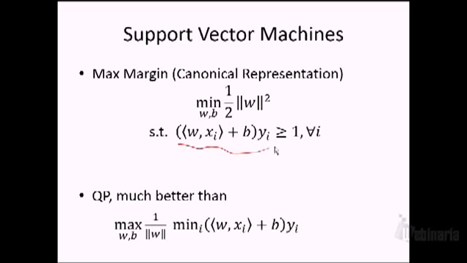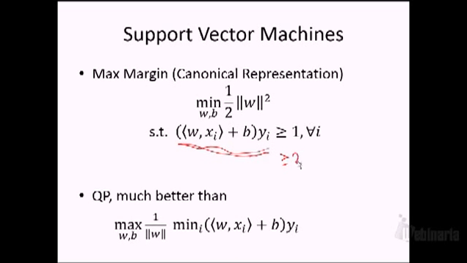But we can write that as this constraint: this linear term is greater than or equal to 1 for all i. And this gives us an equivalent problem. Is it equivalent? Well, strictly speaking, the answer is no.